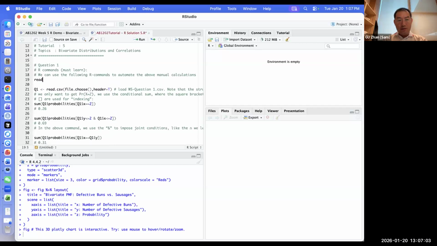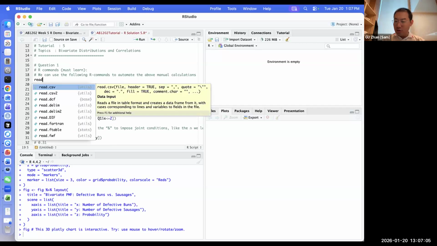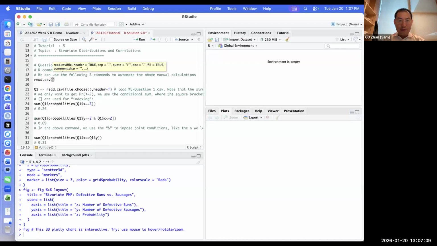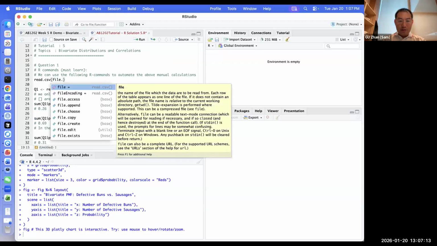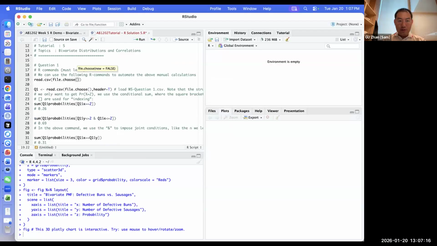When you type read, it auto completes. You can move your cursor up and down with the tab. Read.csv, then file.choose with the parentheses, then header. The data has a header, so header equals TRUE.